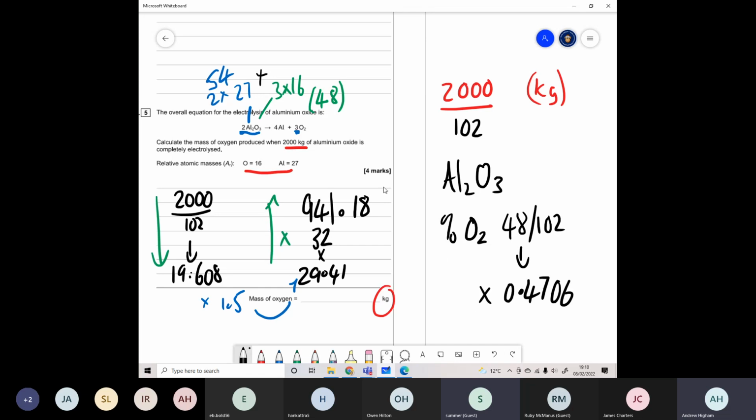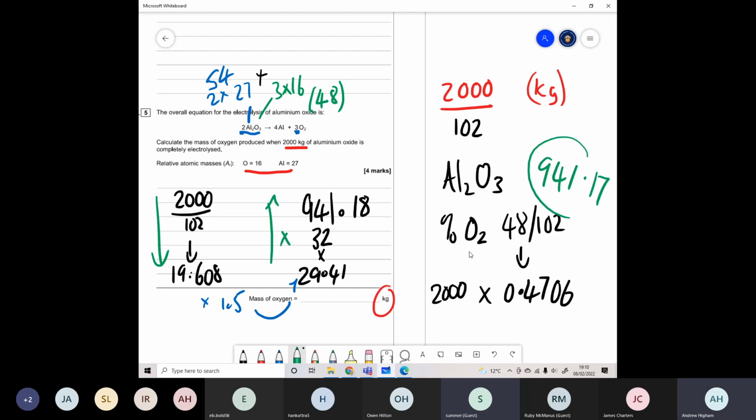I'm going to times that by the 2,000. So if I take that and times it by 2,000, I come out with 941.17.